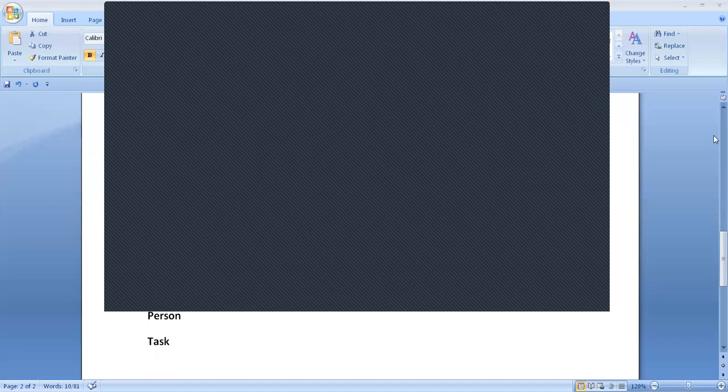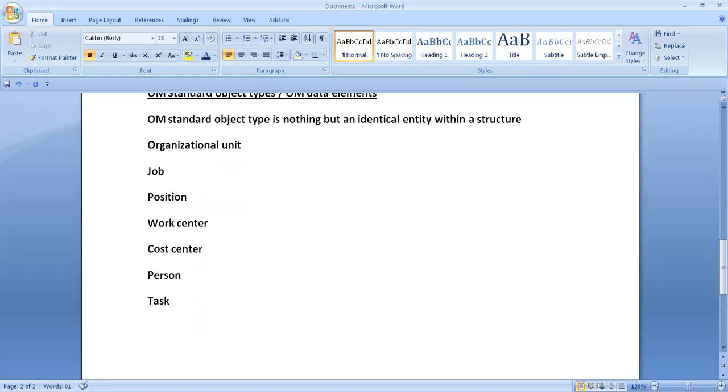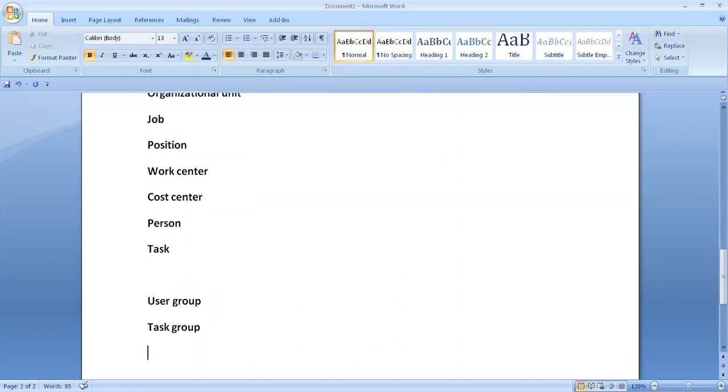You can have user group or task group or qualification.